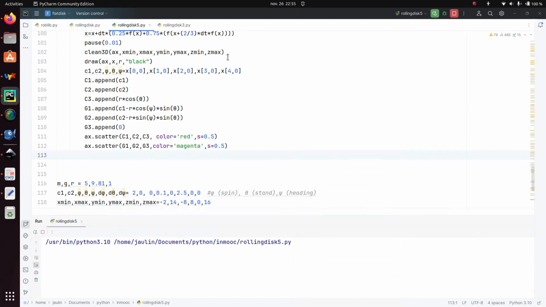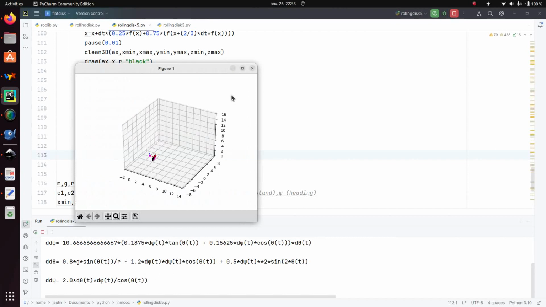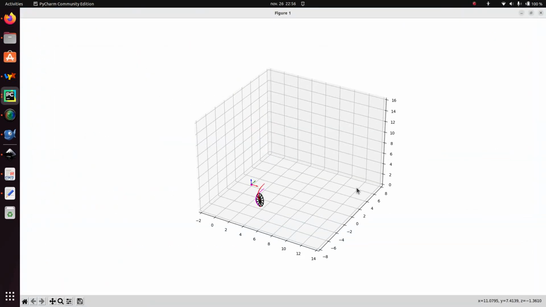I run the program, and at the beginning it has to compute the Lagrangian and the evolution function. And now we integrate, and we can see the wheel moving as expected. The energy remains constant, and we can see some precession effect. So it's not a perfect circular trajectory, but there is some oscillation corresponding to a precession effect.